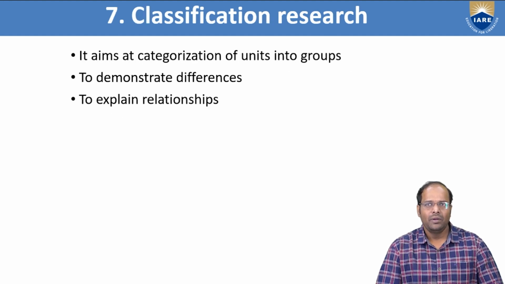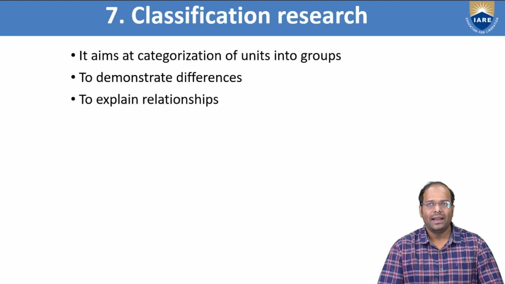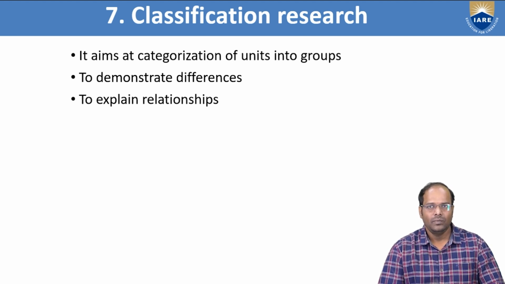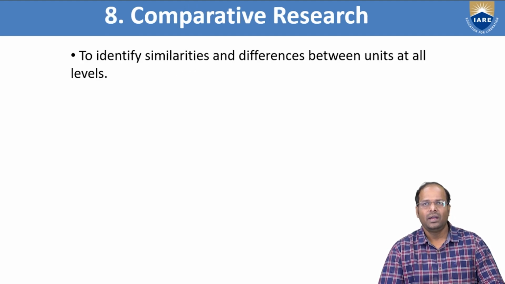And second one, we are going to discuss about classification of research. This classification of research majorly aims at categorization of units into groups of people to demonstrate the differences between the people, to explain the relationships. These all will come under the classification of research.